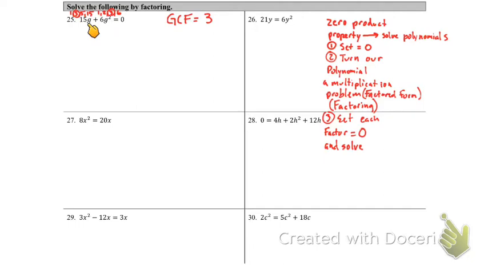Now we're going to take care of the variable. Do they share the same letter? Each term has the same letter g, so that means g has to be part of our GCF. And now we just pick the lower powered one. We have a power of 2 here, a power of 1 here. So we're going to use g to the power of 1, which we write as just g. So this is my GCF.